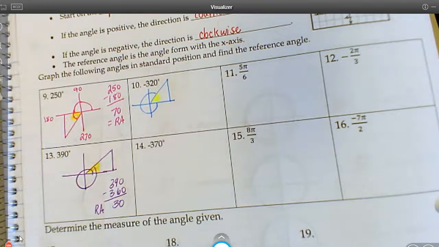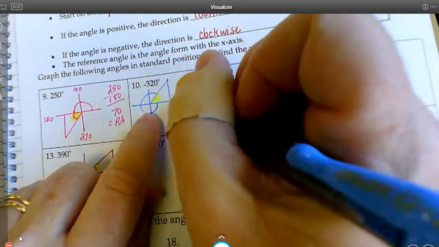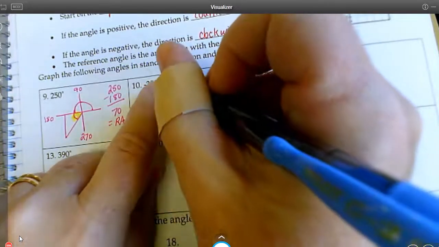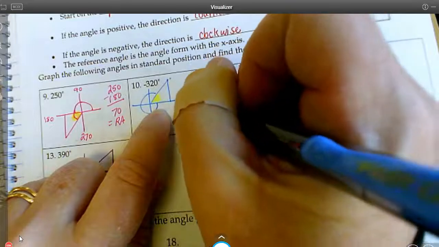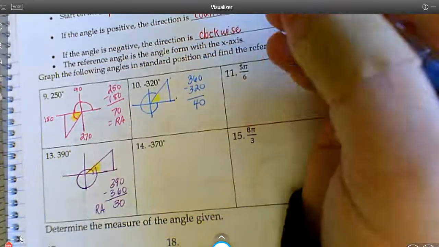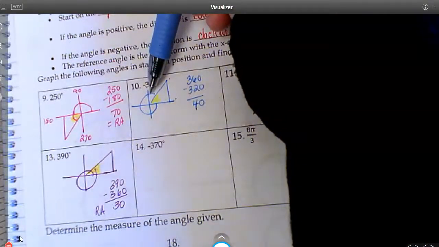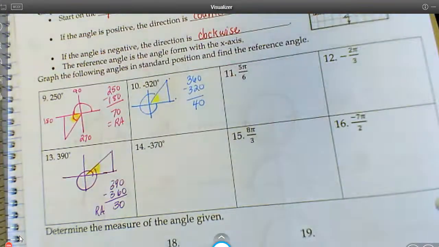And in that case, it's like, how much more do you take to get to 360 from 320? Or, if you think about the triangle, this is 360, that's 320. So we're subtracting 360 and 320 to get 40. Those of you that got 50, you got this angle up here, which is not the reference angle because that's not in the triangle that I'm looking at.